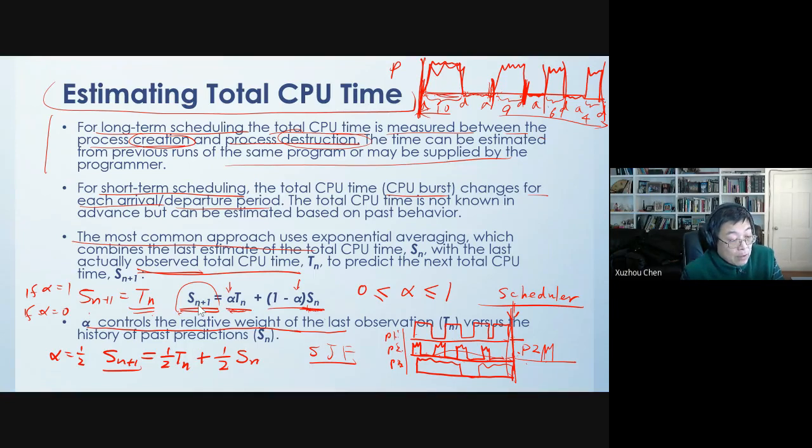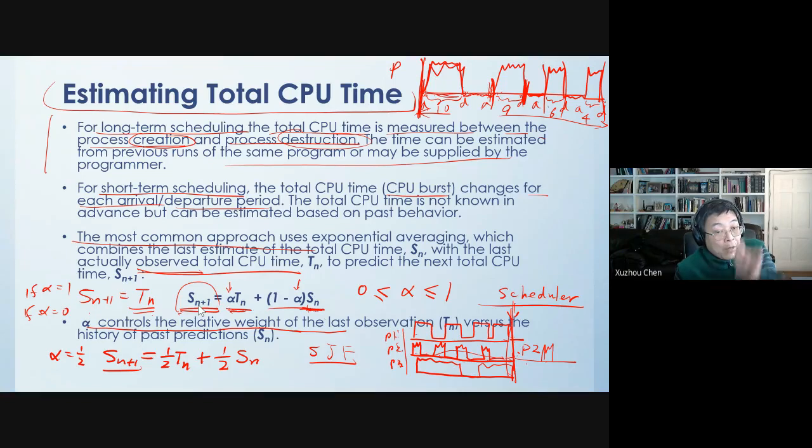The truth is, we don't know, when all the processes are waiting in the ready queue and the shortest job first scheduler tries to pick one, which one has the shortest actual CPU burst, because you haven't started the process yet.